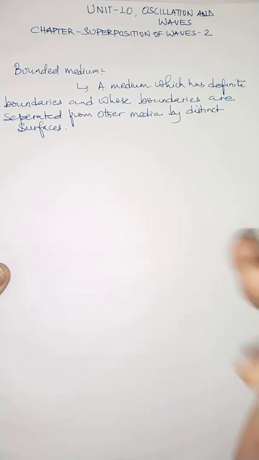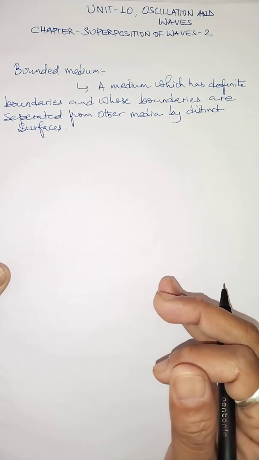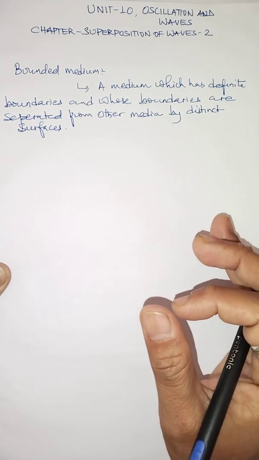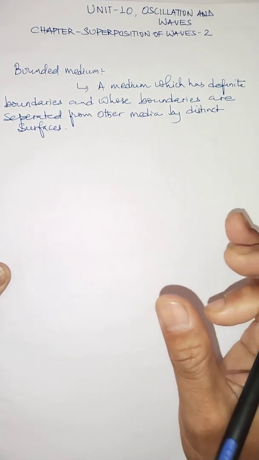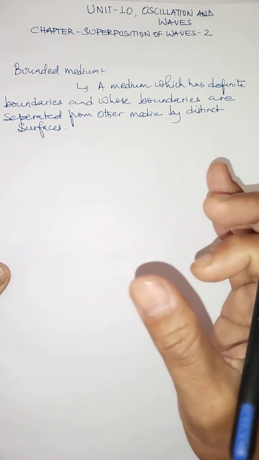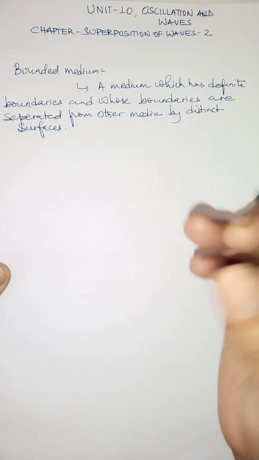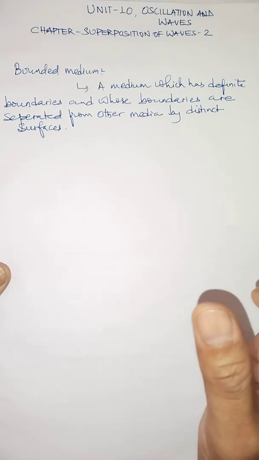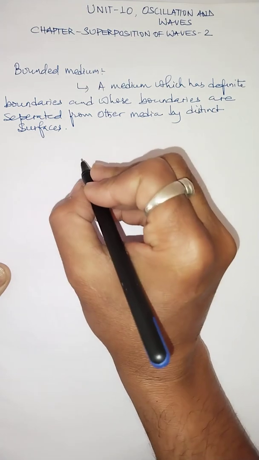Now, examples of bounded medium: the string of a sitar, the air column of a flute, the membrane of a tabla. These are all instruments which produce sound. The string of a sitar is taken as a bounded medium.